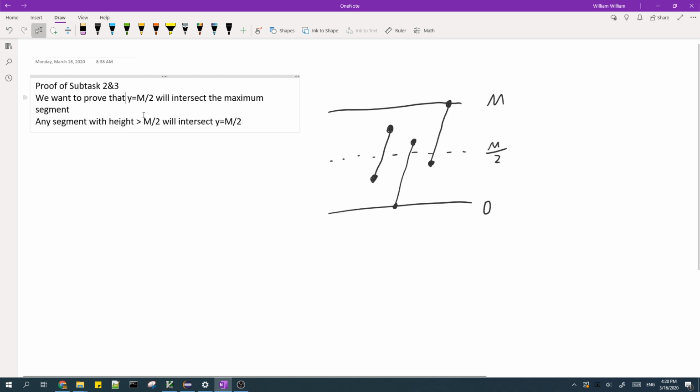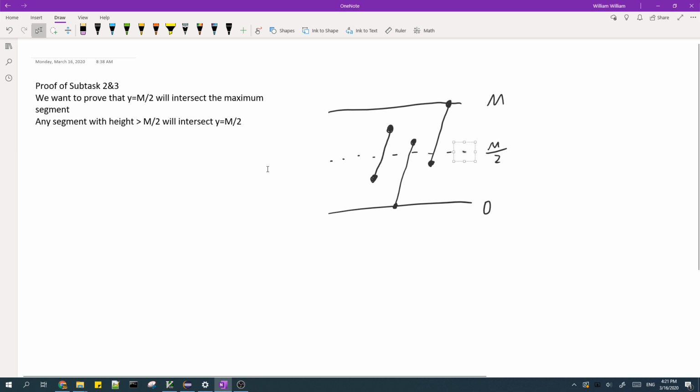And notice that any segment with height greater than m divided by 2 will intersect the line y equals m divided by 2. So, for example, if this segment has a height greater than m divided by 2, then no matter where we move it, it has to intersect the line in the middle.